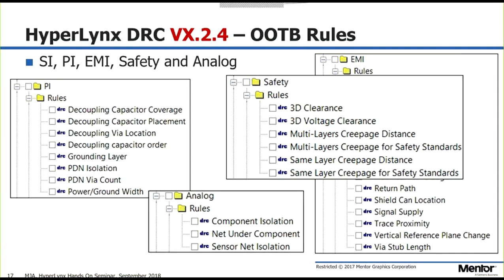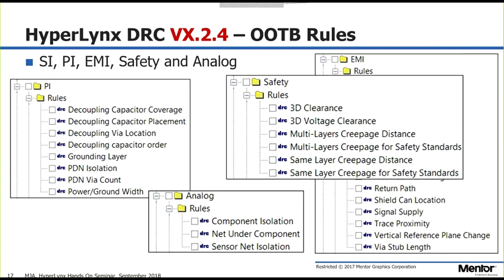So again, if there are things that you typically go look at the Gerbers for, trying to look for problems with the way things are routed and analyzing your critical nets that way, why not automate that process? And then you get a stronger feeling of confidence that you've actually checked everything. So that's where the HyperLynx DRC tool comes in.